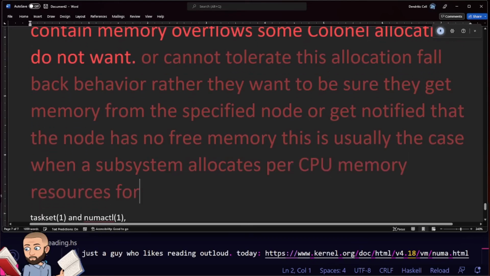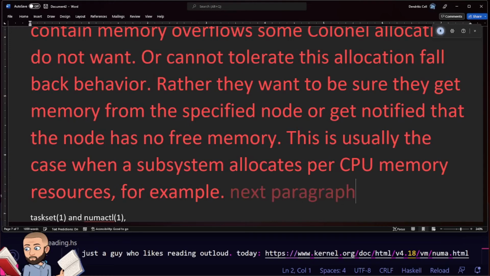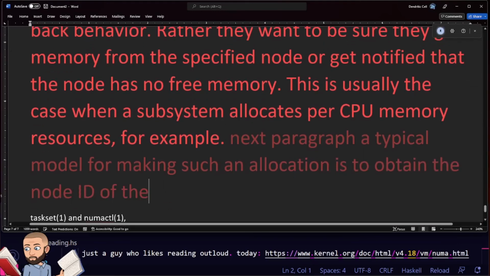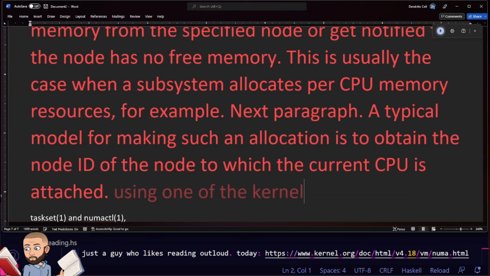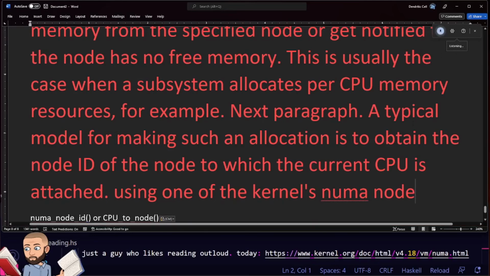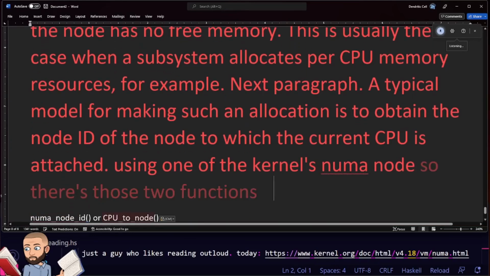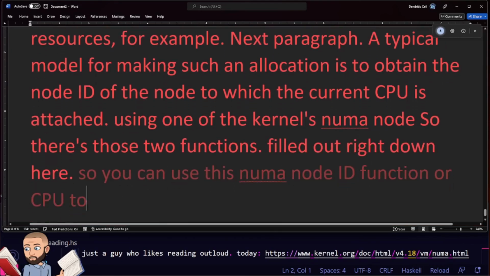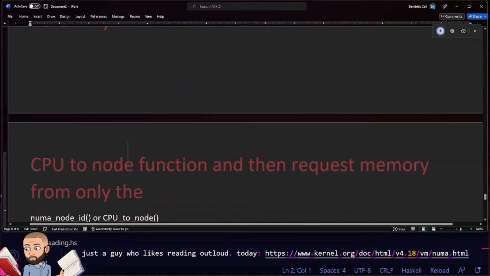For example, a typical model for making such an allocation is to obtain the node ID of the node to which the current CPU is attached, using one of the kernel's numa_node_id or cpu_to_node functions. So there are those two functions spelled out right down here. Then request memory from only the node ID returned. When such an allocation fails, the requesting subsystem may revert to its own fallback path.